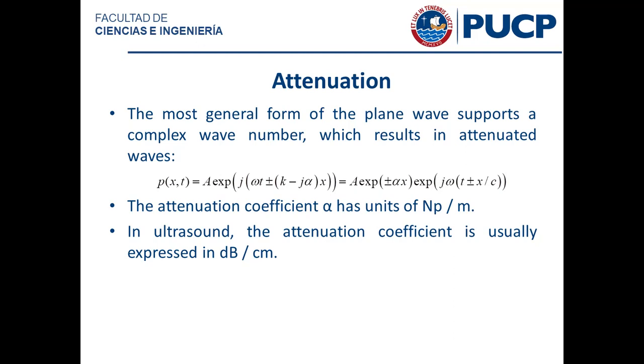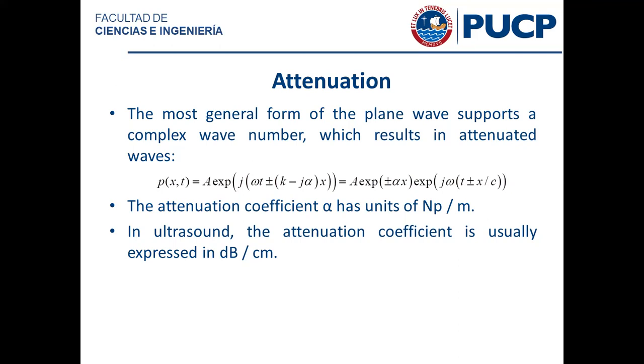The same thing happens with the pressure fields, and you can actually introduce a concept of a complex wave number, which results in a general solution that also takes into account losses in the system. The physically meaningful solutions consider that the attenuation, or the loss of energy, is going to occur as an exponential function.